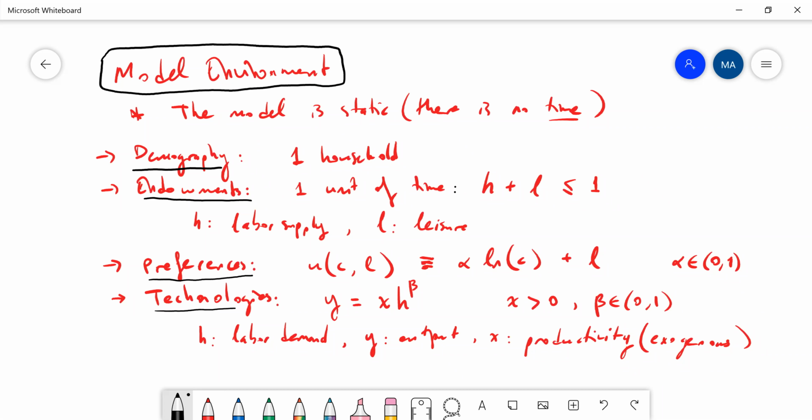And finally, there is a production technology. This is the consumption good, and the consumption good must of course be produced. And this is the production function. In the production function, we only use labor, and there are decreasing returns with respect to labor because beta is between 0 and 1. And X is some exogenous measure of productivity. That's the model environment.